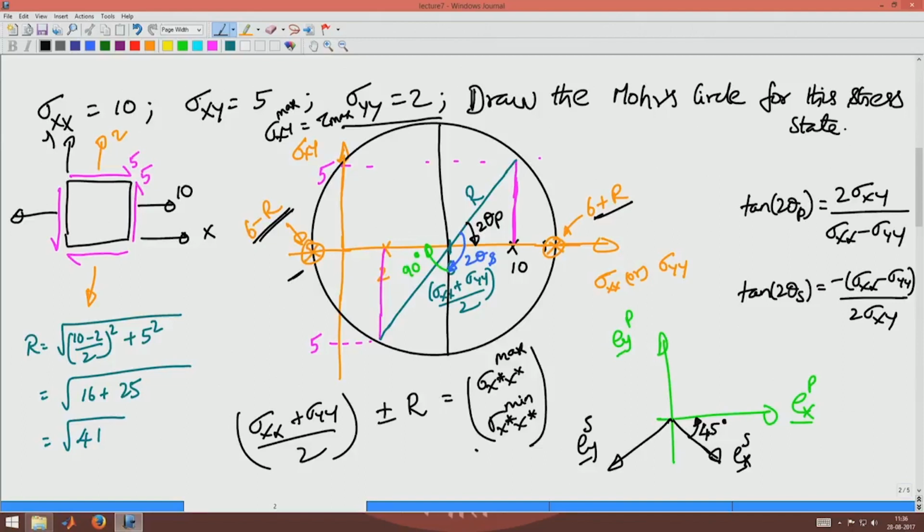So, we have found the principal stresses, these are called principal stresses or another name given for this is eigen stress. Okay. Both mean the same, eigen stress or principal stress, it means the extremum normal stresses that can occur for a given state of stress.